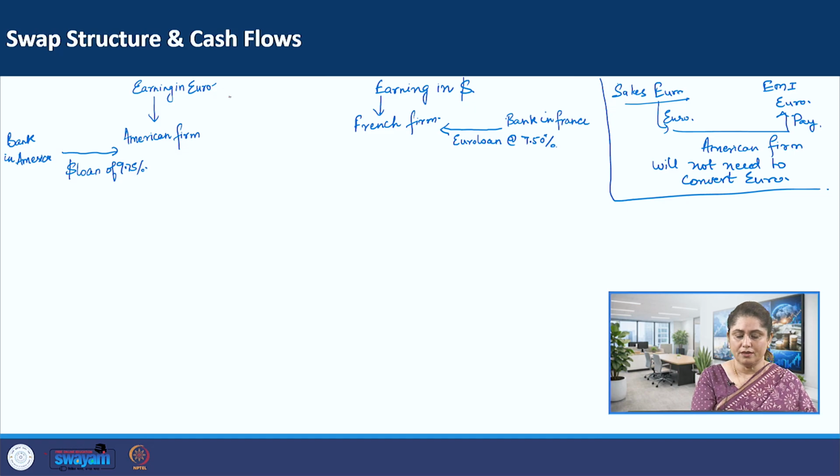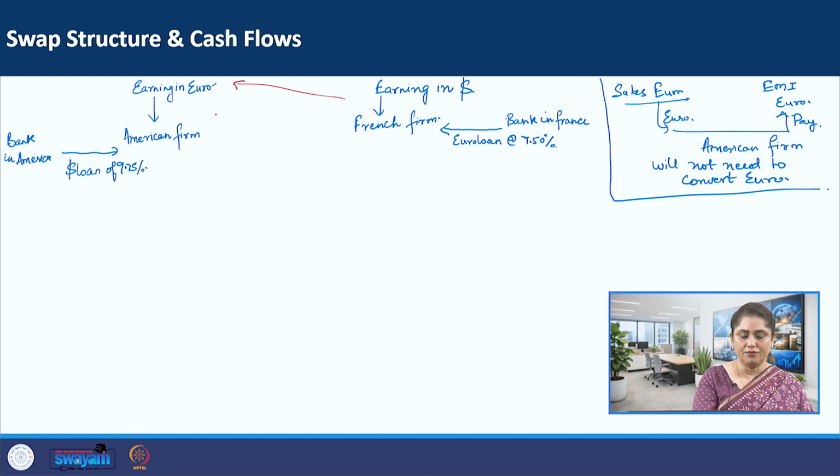Now, how the swap deal will happen? First of all, this euro loan that the French firm has taken will be swapped, and American firm is going to take this euro loan. There is going to be an exchange.